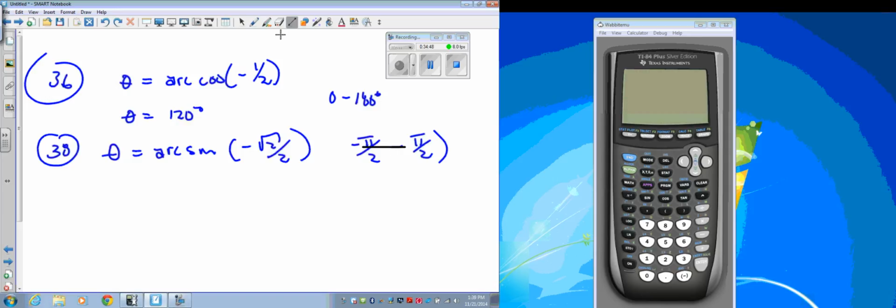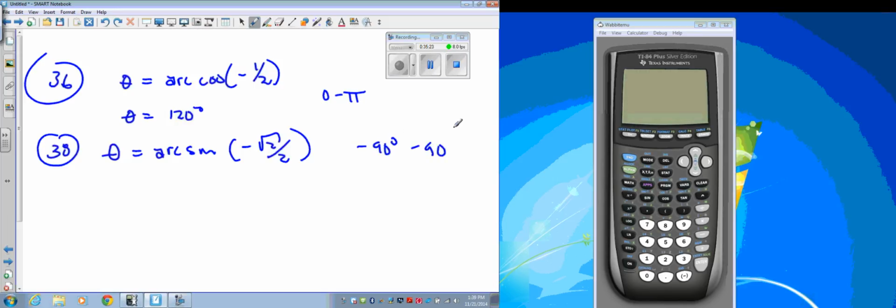This should be minus 90 plus. Well, okay, I'll just say minus 90 to 90.